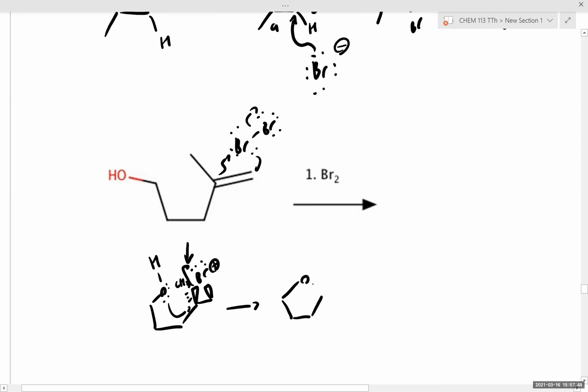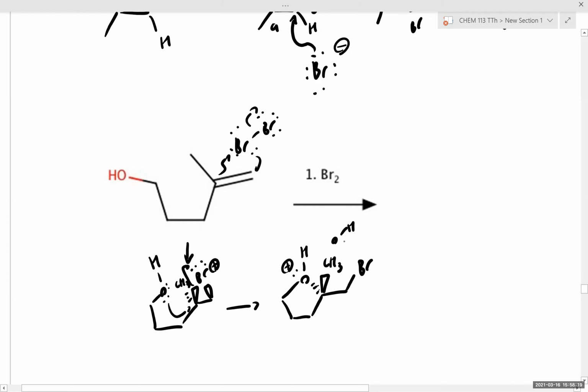And that in turn generates our alkyl halide. And what's important to note is, is this ether installed with a dash or wedge? Is this ether on the top or bottom face? If the bromonium's on the top, where's the ether installed? On the bottom, exactly right.